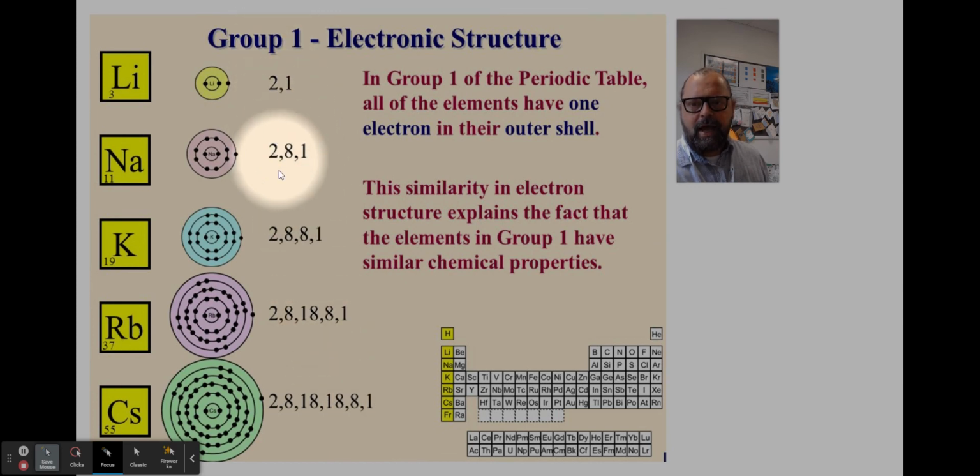So as you go down group 1, and the same would apply to group 2, and the same would apply to group 3, as you go down those groups of metals, they get more reactive because they want to give away their electrons.